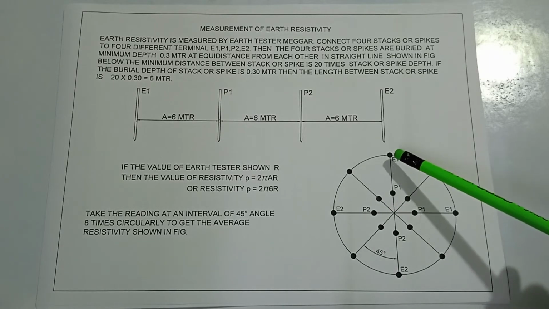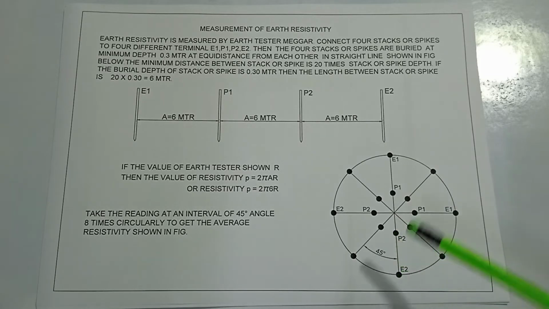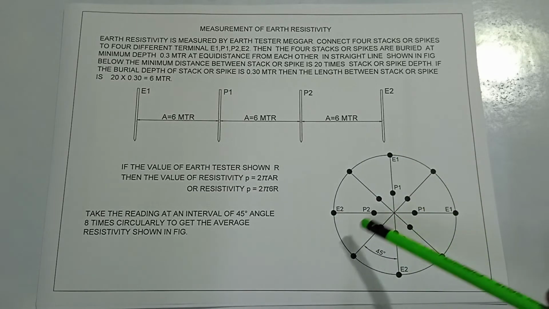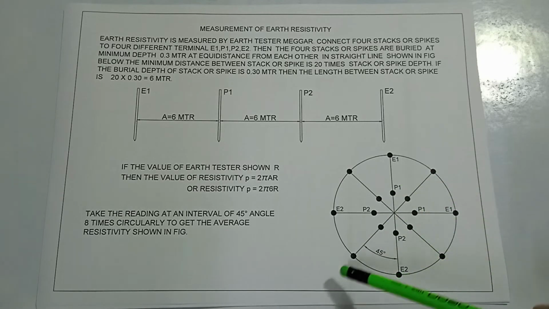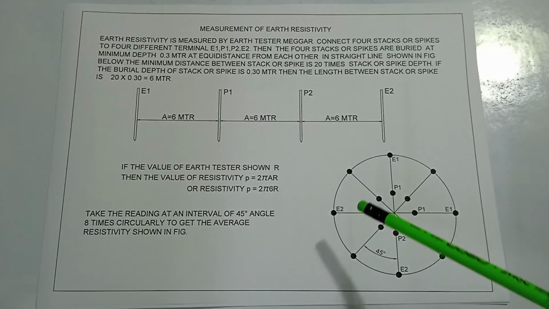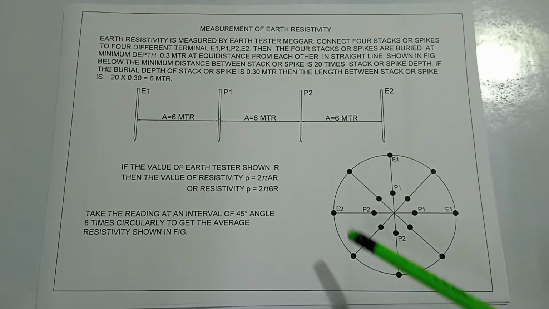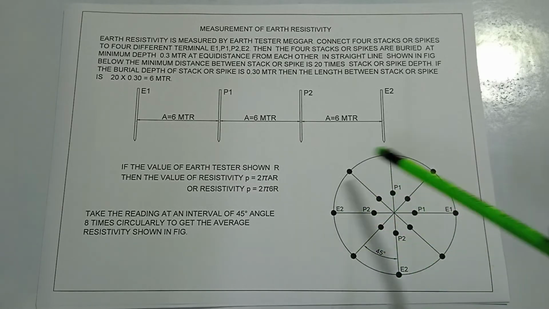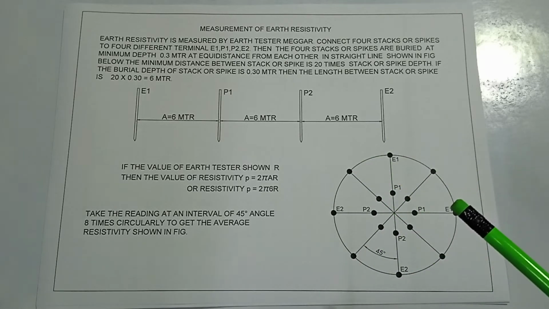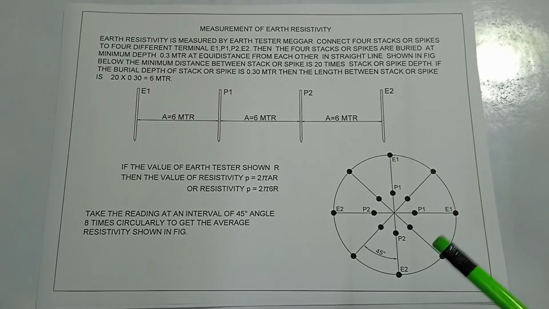Here it is the four spikes E1, P1, P2, E2. Then circularly the reading is taken 8 times. This is a 360-degree rotation. In the 360-degree rotation, readings are taken. Then the average earth resistivity is obtained.